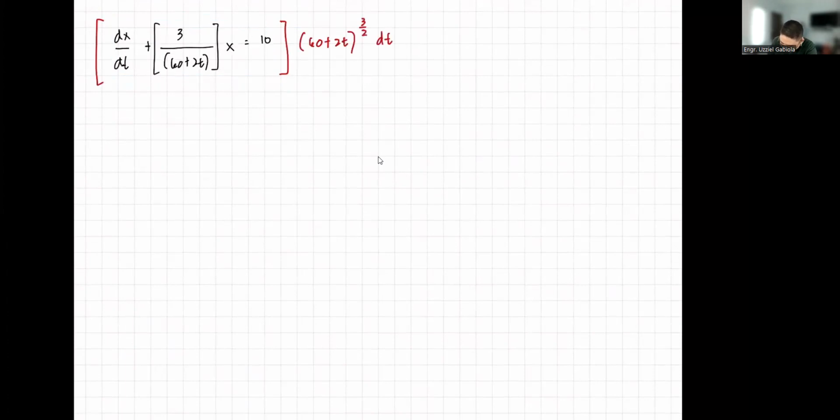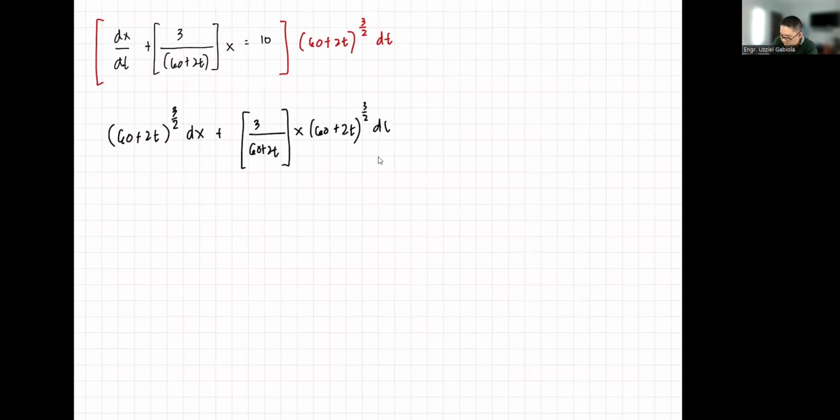So 60 plus 2t raised to 3 halves dx, plus 3 over 60 plus 2t, x, 60 plus 2t raised to 3 halves dt is equals to 10, 60 plus 2t raised to 3 halves dt. Okay? Again, this will be an exact differential. So verify nyo na lang.